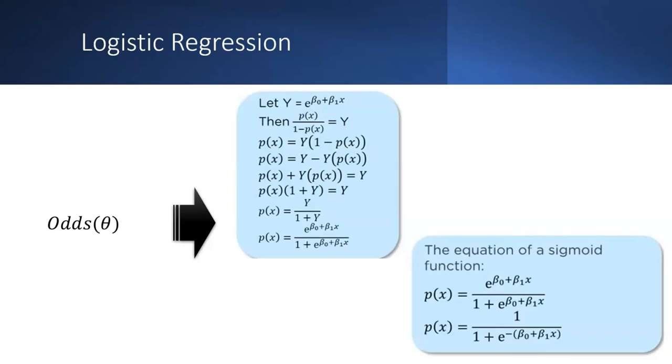The equation of the sigmoid function. Sigmoid plays a very important role in prediction. So this is the function of sigmoid, and we say p of x equals e power this, the same thing, we just extrapolate over here.